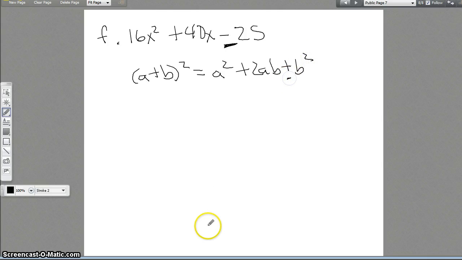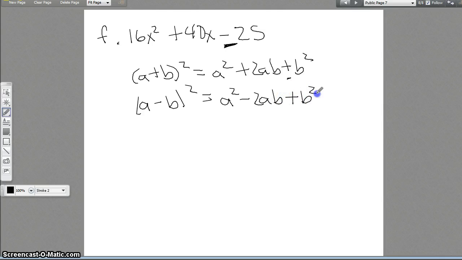It has a positive last term. A minus b quantity squared is a squared minus 2ab, but it's also plus b squared. So our last term has to be positive. If your last term is negative, you cannot write it as the square of a binomial. So for this one, you would write not possible.